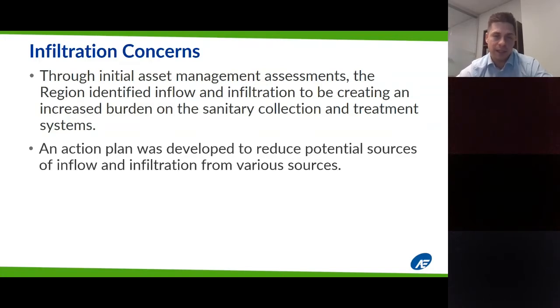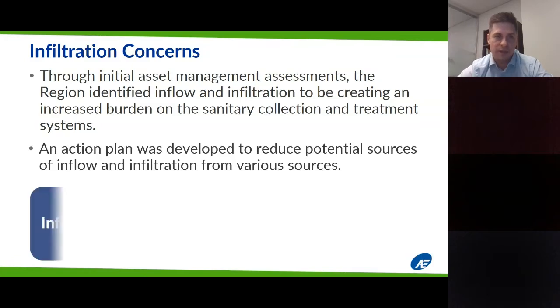Some inflow sources can be, for instance, a storm sewer that is overloaded or surcharging and has a relief line into the sanitary trunk sewer. You have residential houses that are pumping their sumps directly into this sanitary sewer. So you've got to cut those off.